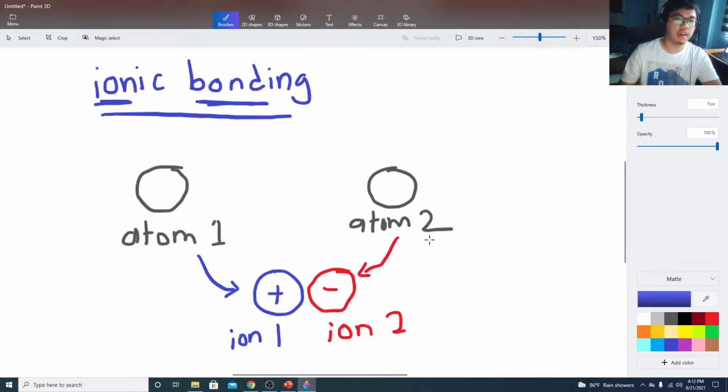Because they have opposite charges, plus and minus, they are attracted to each other. The two of them stick together, and therefore they form a bond, and now you have a compound.